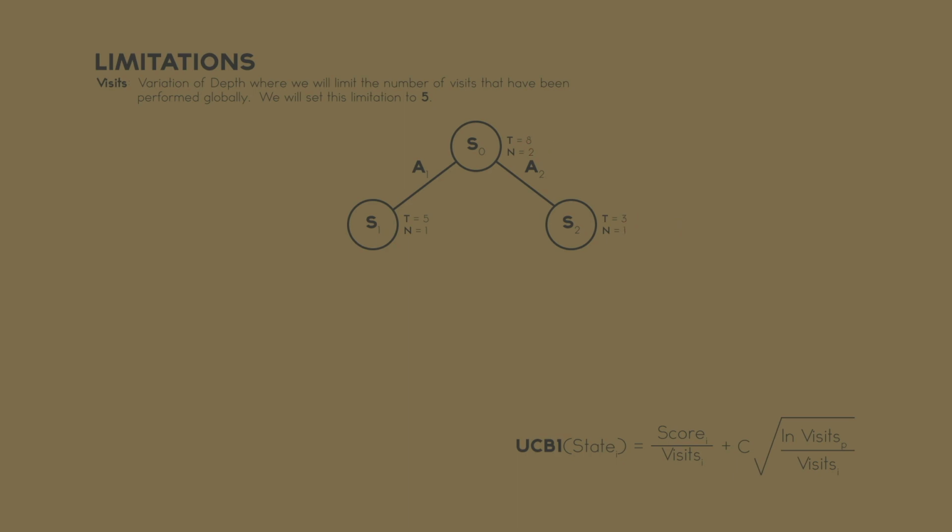Tree traversal is performed. A UCB1 check needs to be performed for this iteration since both S1 and S2 have visit counts greater than 0. S1 has a score of 5 and a visit count of 1. So the average will be 5 divided by 1. The constant we provided to the algorithm is 2.